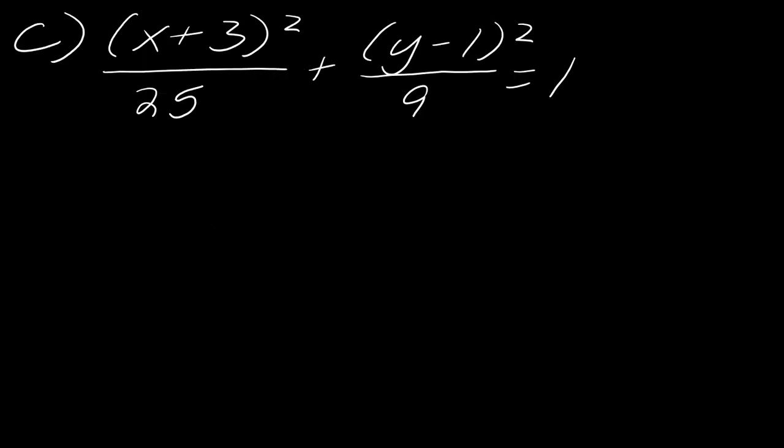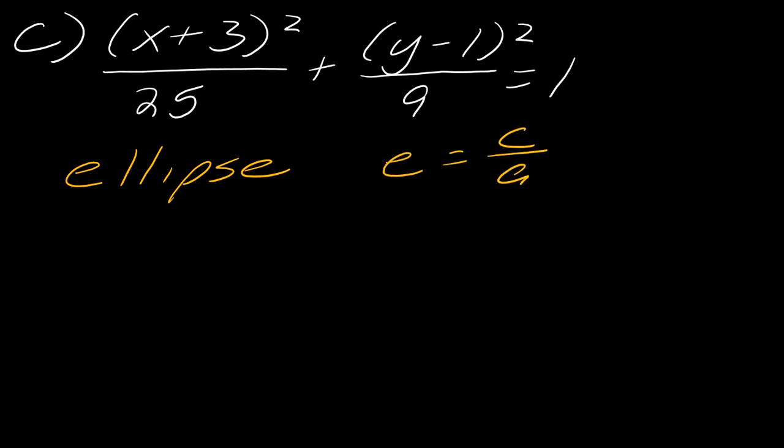Finally, for this last conic section, you'll notice I have (x plus 3) squared over 25 plus (y minus 1) squared over 9 equals 1. So this is an ellipse. Once again, I find my eccentricity by taking c over a in this case. My c squared is going to equal a squared minus b squared.